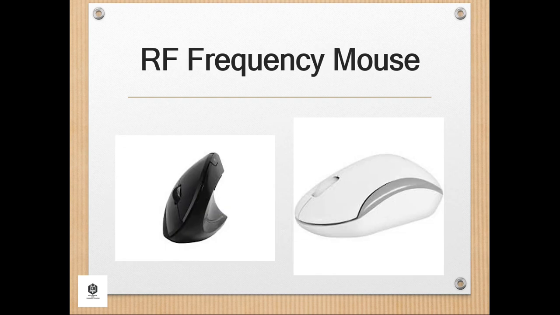Next, the RF frequency mouse. RF frequency mice utilize RF signals to function correctly. An RF transmitter located inside the mouse is used to transmit signals that dictate the location of the mouse. An RF receiver is used to pick up the signals.